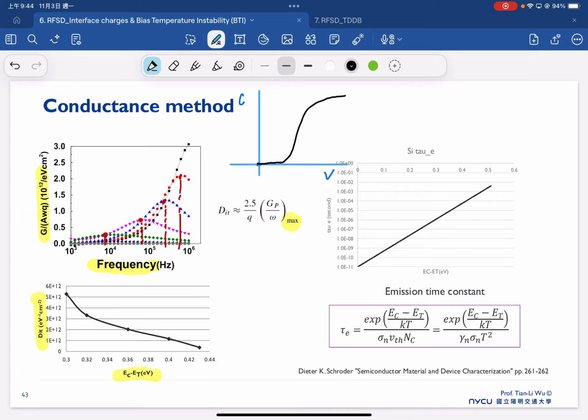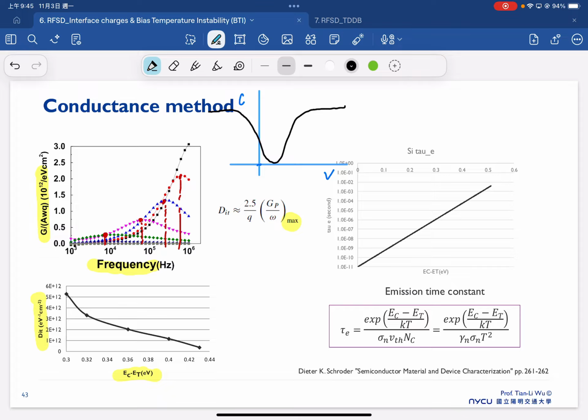So a typical CV might look like this. That's a full CV curve from the accumulation to the inversion here.